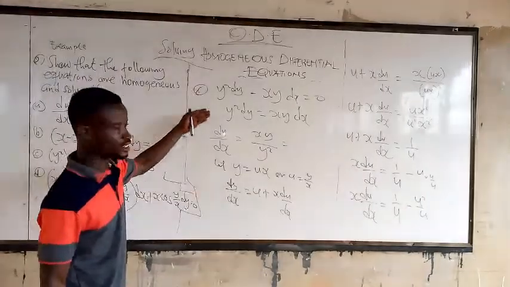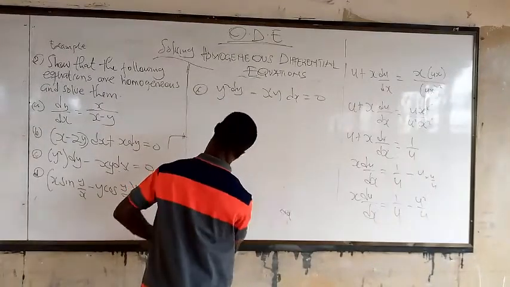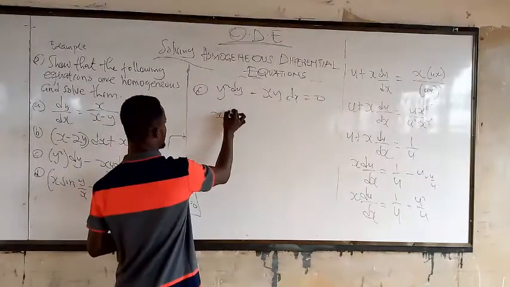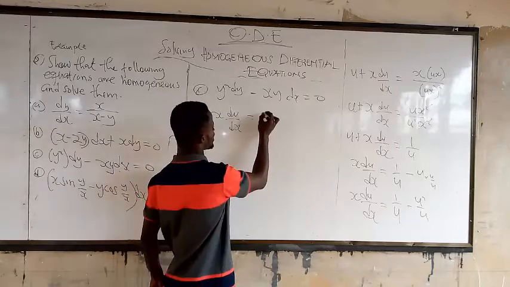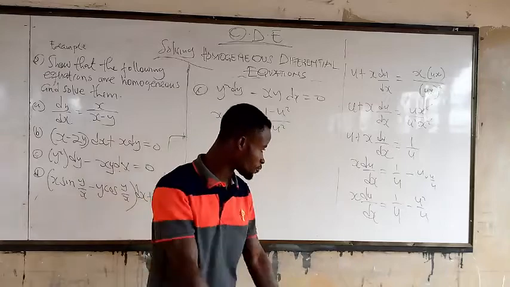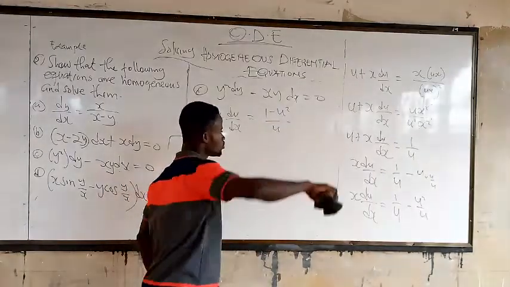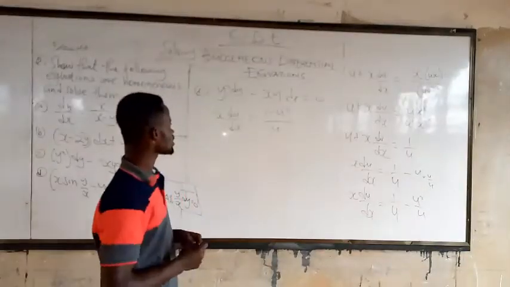So we get x du/dx to be equal to 1 minus u squared over u. Beautiful, beautiful. That is exactly what we have.